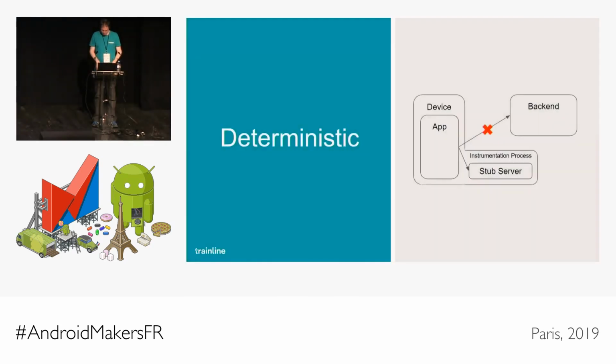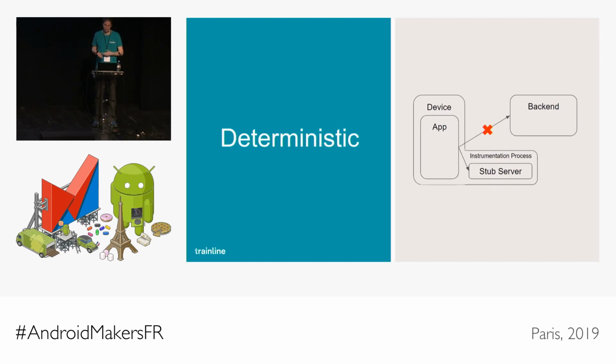So next, we go through how we made the code deterministic. Normally, when you have an app and you run a test, it could be using the actual backend, but the backend can return non-deterministic data.